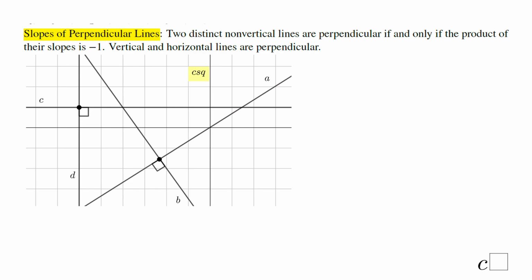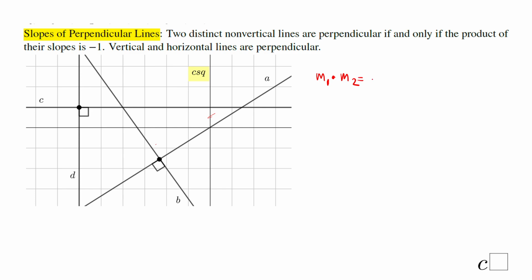On the other hand, for perpendicular lines, very important, again you can see that statement, if and only if: two distinct non-vertical lines are perpendicular if and only if the product of their slopes is -1. That sounds like this. We have two lines, let me call them m1, the slope of the first line, and m2, the slope of the second line.